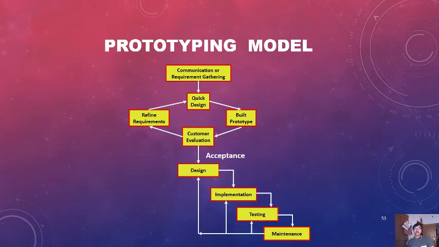So this type of prototype model is helpful when the requirements are not clear to the developer, when the customer does not understand what their requirement is and does not clarify their requirements to the developer.